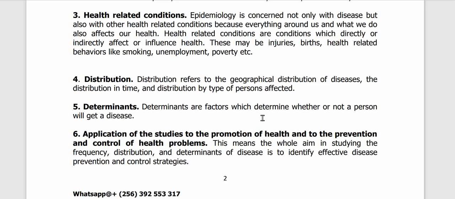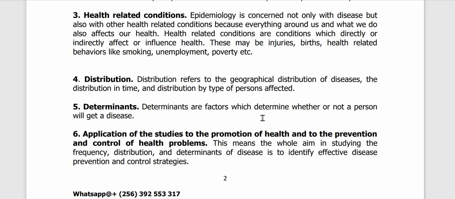All right, so number 6, we have applications of the studies to the promotion of health and to the prevention and control of health problems. This means that the whole aim in studying the frequency, distributions, and determinants of disease is to identify effective disease prevention and control strategies.